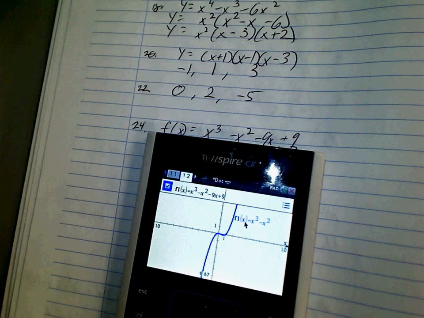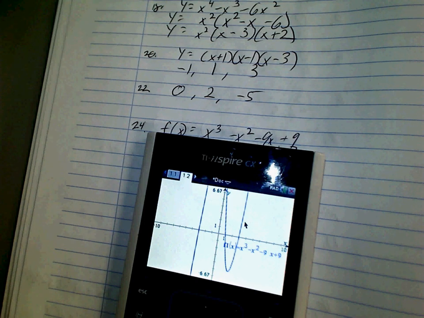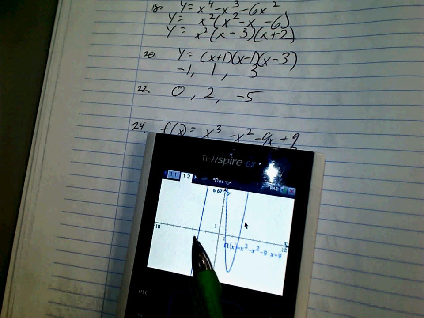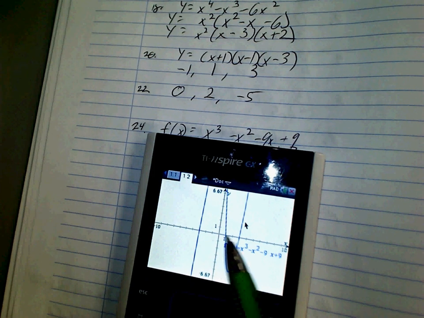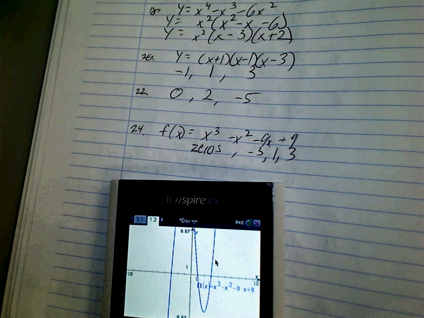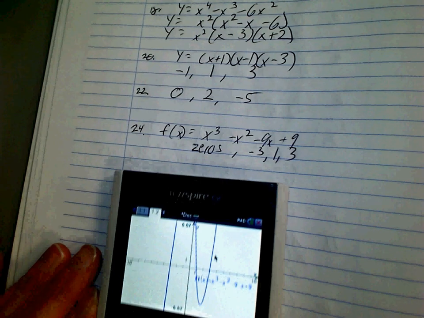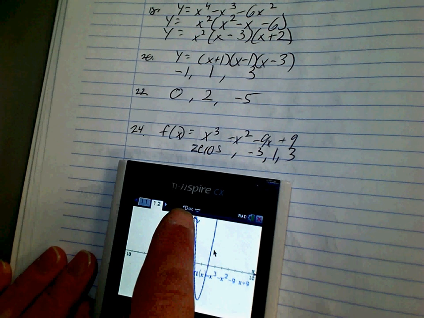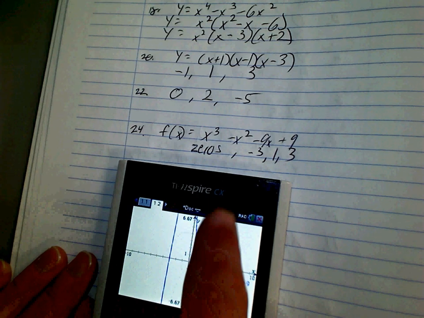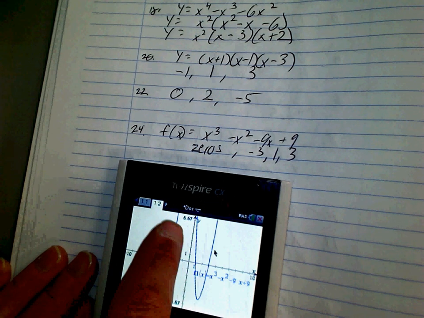So now on the graph, I can see the intercepts, the zeros of negative 3, 1, and 3. The same thing I just got, right? But I also need what? Minimum, maximum. Well, if I look, this line is going up. This is a cubic line, so it starts down, zigzags, ends up. We've talked about that. I can't see the top of that, so I'm going to go menu.